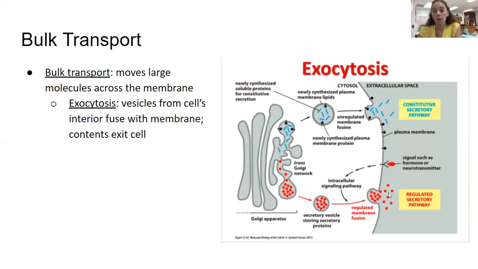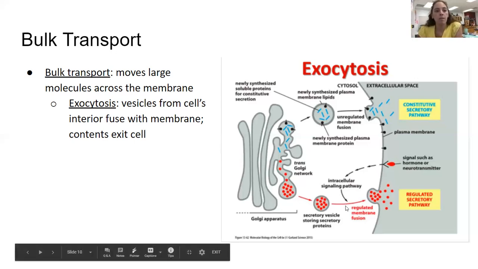It is not always used for waste. Some things like hormones and neurotransmitters will trigger a release and be released by the cell. So in our process of exocytosis, there's been some sort of protein made. It gets put into a vesicle by the Golgi apparatus, because that's the Golgi's job, is to package up proteins.